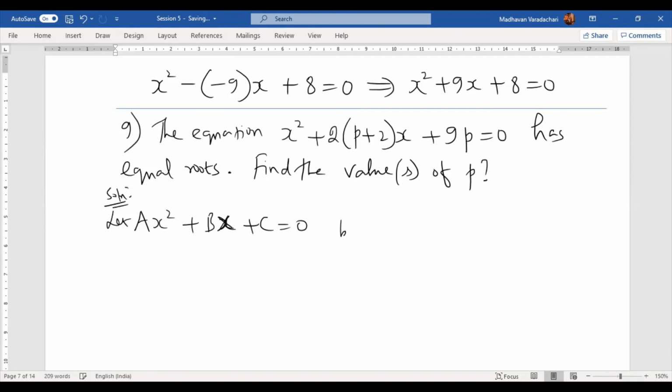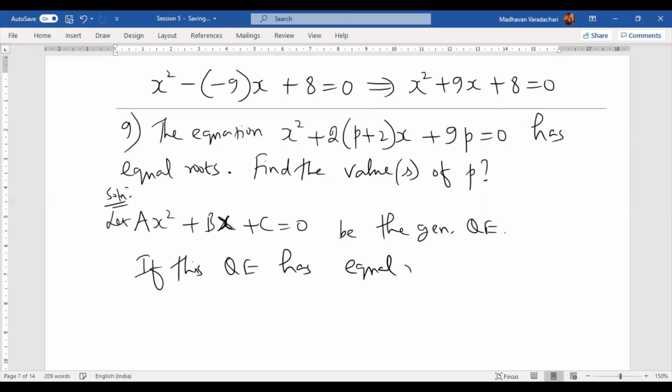Let this be the general quadratic equation. If this quadratic equation has equal roots, then what? Then actually your b square minus 4ac should be equal to 0.